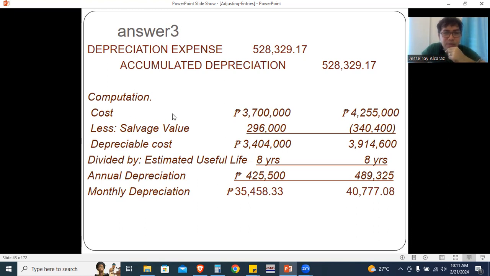Okay. Take note that there were 2 sets of purchase during the year. One in May 1 and the other is on July 1. And katong July, it is 15% more expensive than the purchase in May. So, okay.